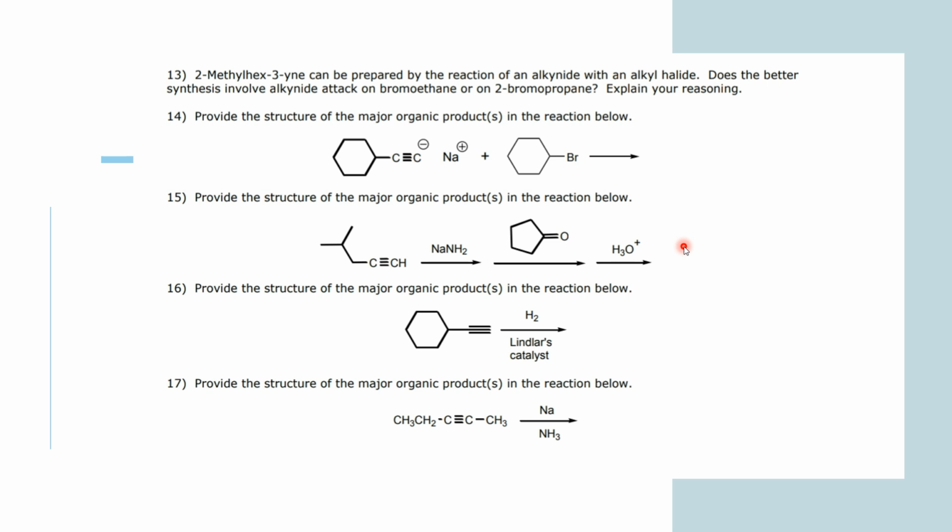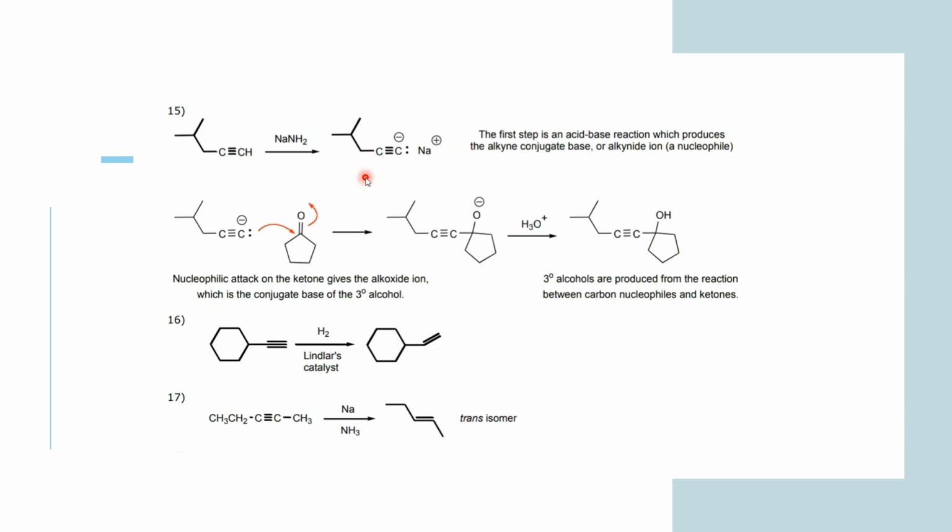Let us look at the reaction mechanism pathway step by step. What will happen in the first step? When you add sodamide, a strong base, to this terminal alkyne, the base will extract the most acidic proton first.